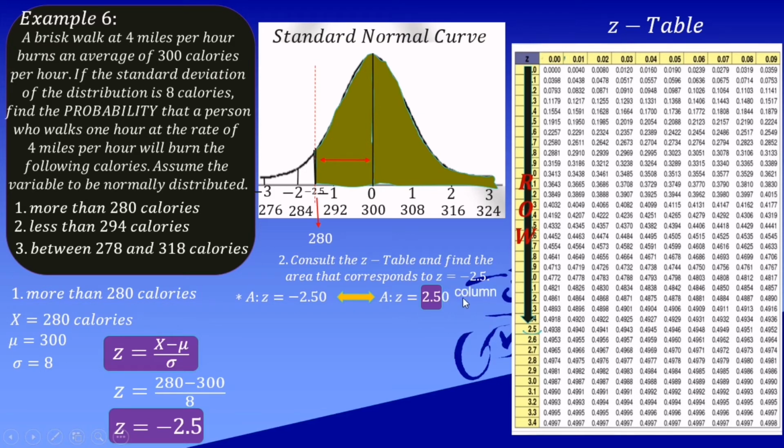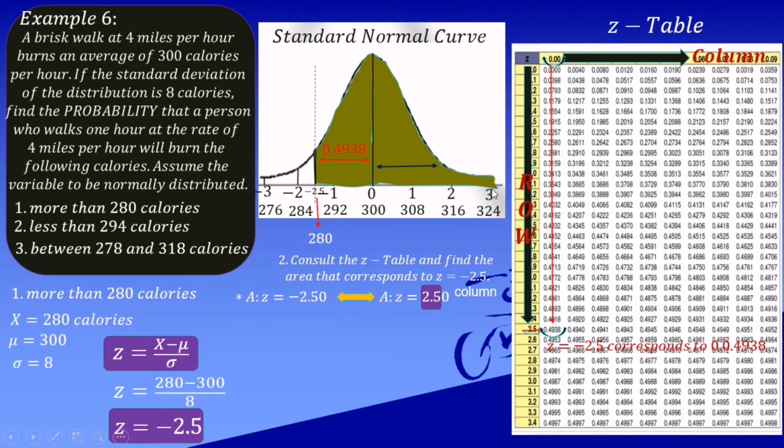Then, the last digit, yan ang ating column entry, 0. Then, the intersection between the row and the column, yan ang z is equal to negative 2.5 corresponds to 0.4938. So, may sobra tayong 0 dyan. So, yan ang sukat ng ating from negative 2.5 to 0. Yan, 0.4938.